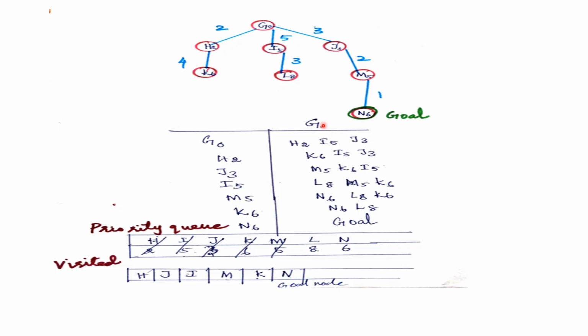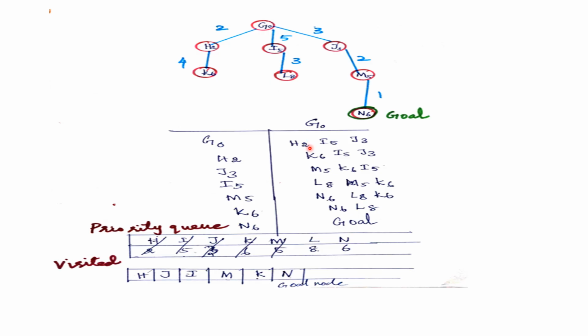Then G0 will be moved to the visited list and we expand G. After expanding G, we have H, I, J with the corresponding values H2, I5 and J3. Comparing these three values, which one is the lowest cumulative cost?